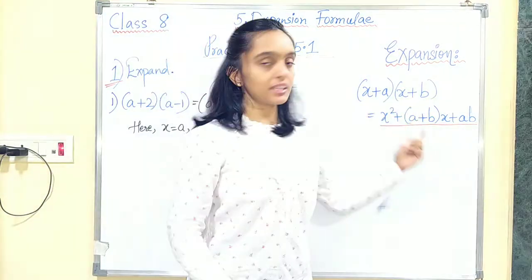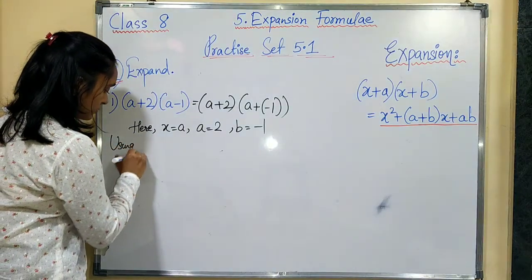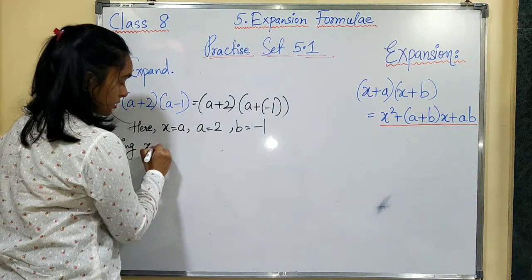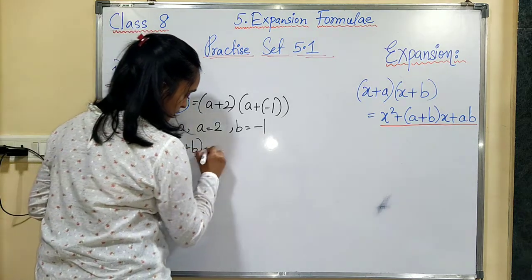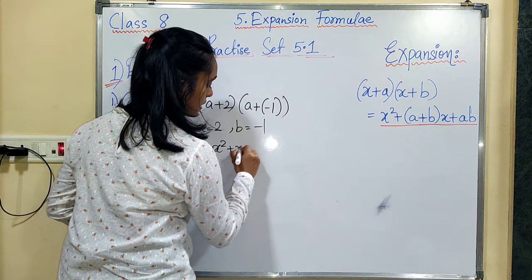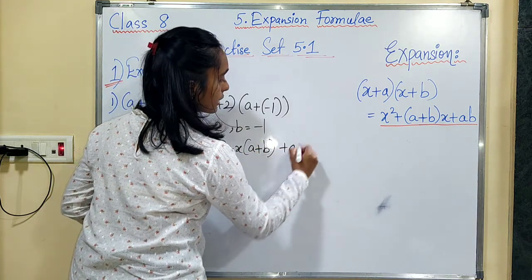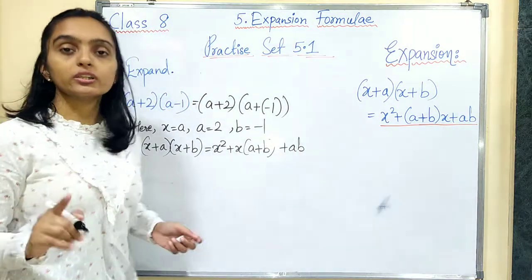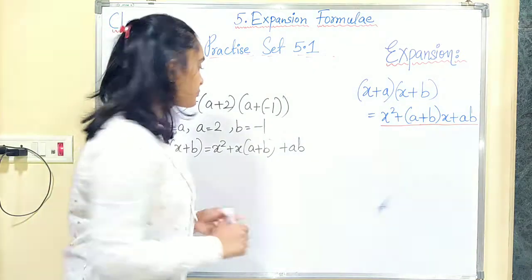So now using this expansion, x plus a, x plus b equals x square plus x into a plus b plus a multiplied by b. You need to mention the expansions you are using in each of the sums, okay?